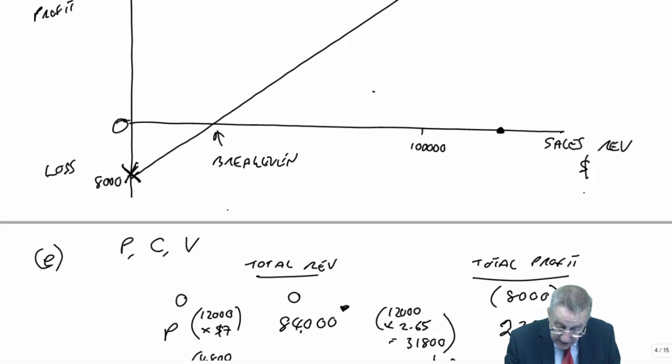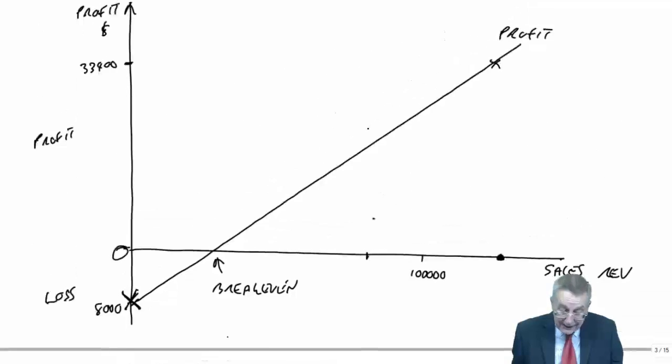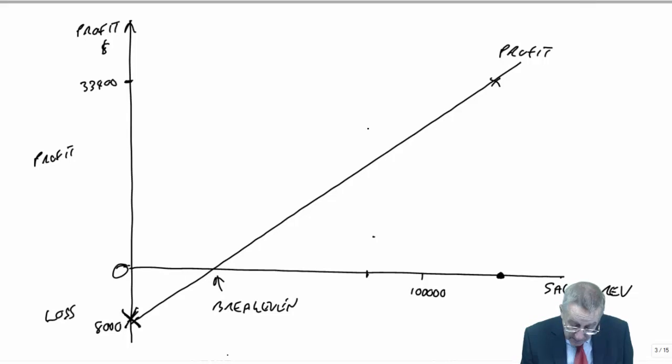Well, 84,000 is going to be somewhere around there, let's say. And 23,800 is going to be somewhere around there. So it's going to be something like that. I can't possibly draw a perfect one, but I hope you're clear.